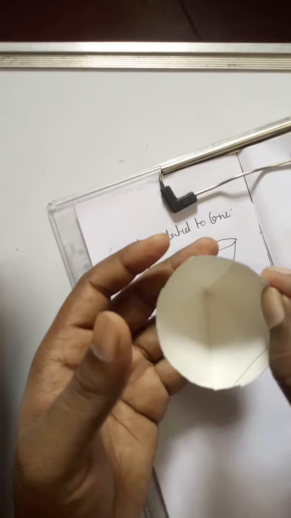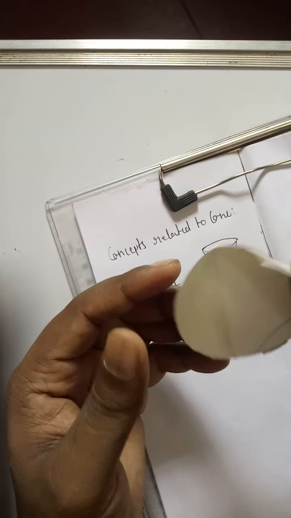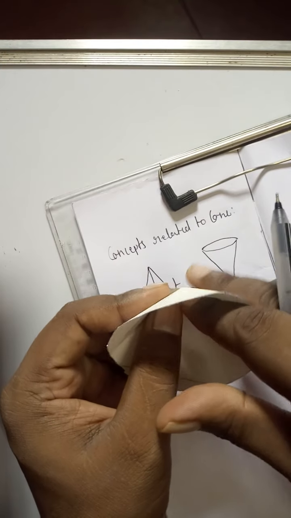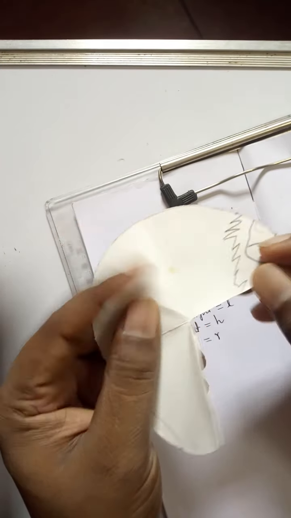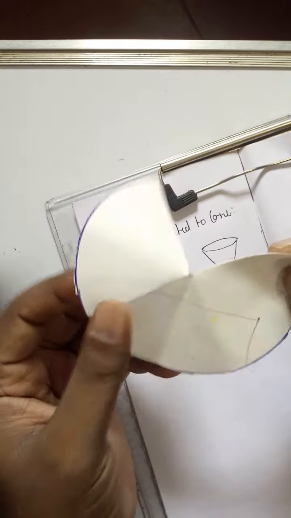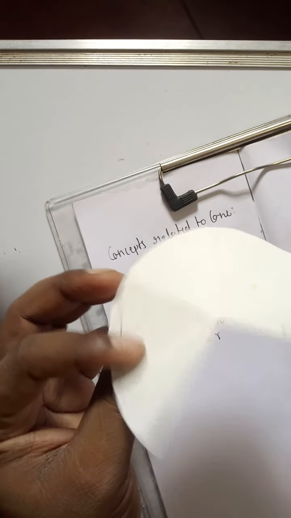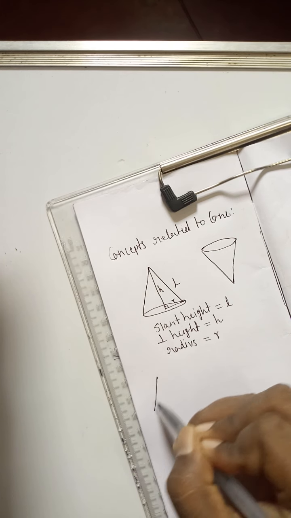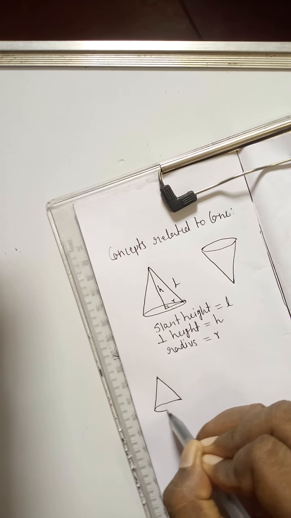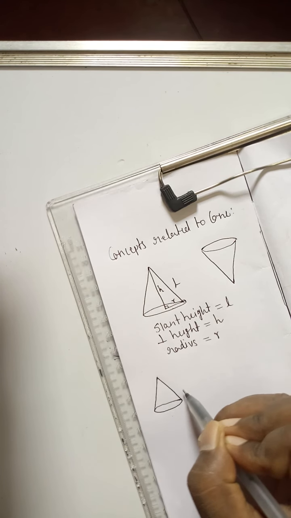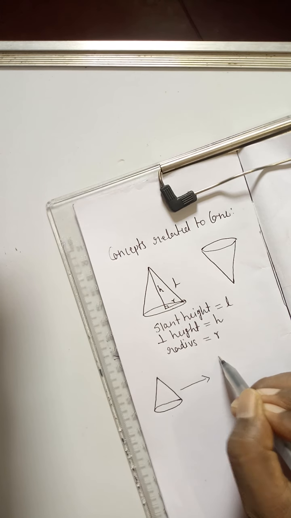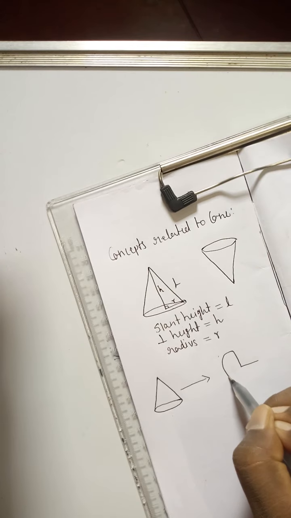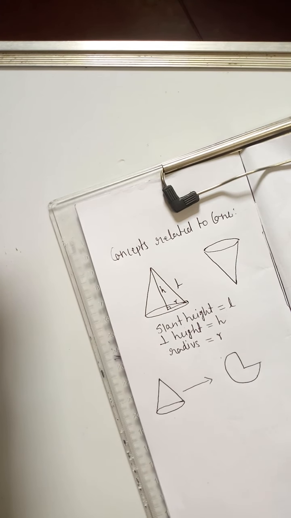Suppose this cone, if I cut it along this edge l, we'll get somewhat like this sector. I'm trying to explain again: this is the cone, this cone is cut along its edge, and the figure which you get is somewhat like this sector.